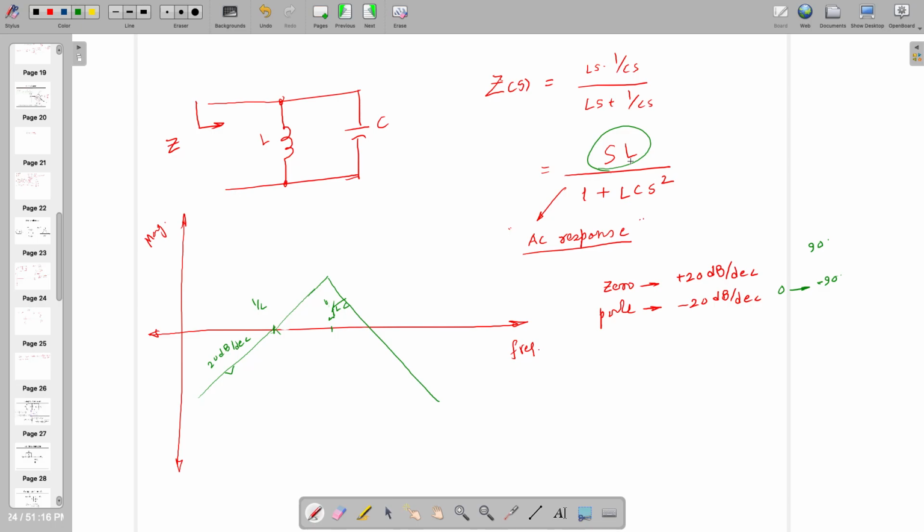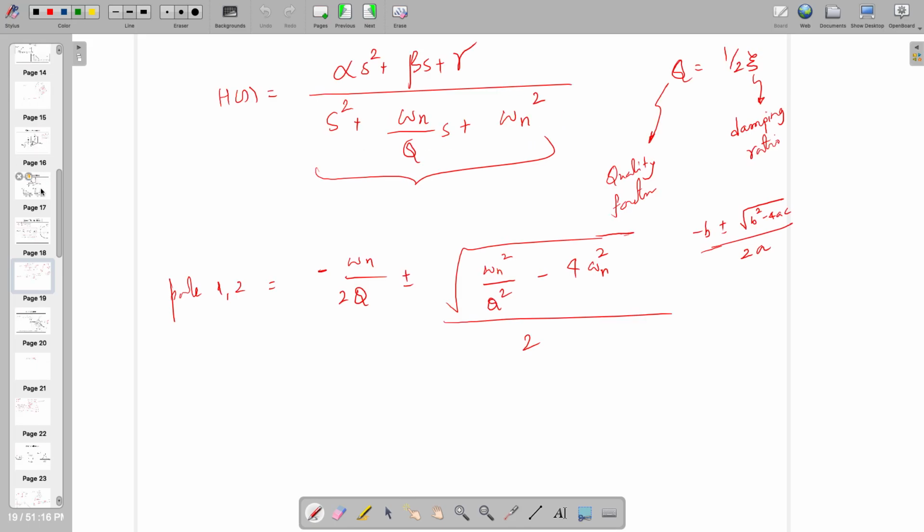By the way, even though I'm not writing here, a filter can be evaluated only with the Bode plot, right? So the Bode plot can be asked indirectly. Transient response can be asked indirectly. All these are the response. I forgot to add one thing here.